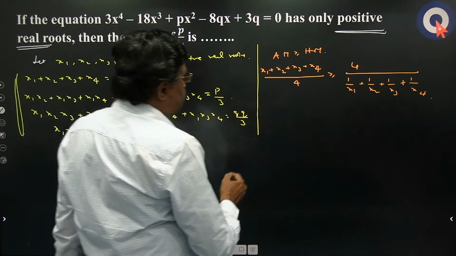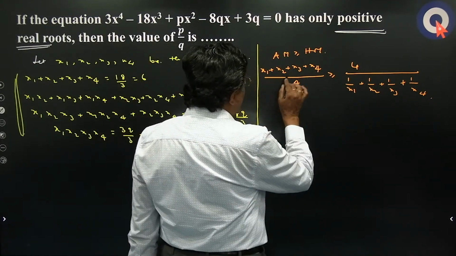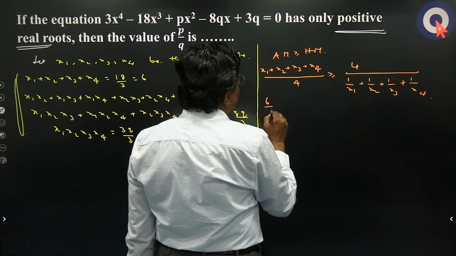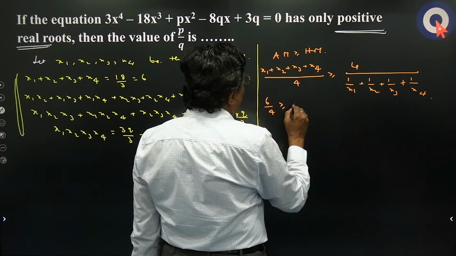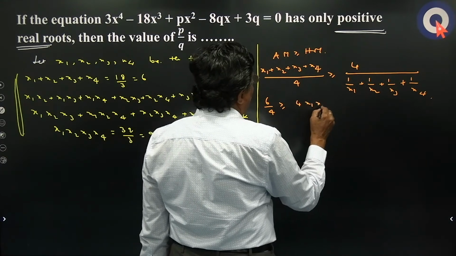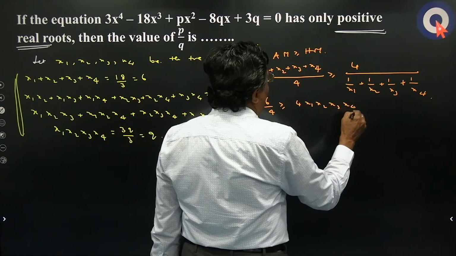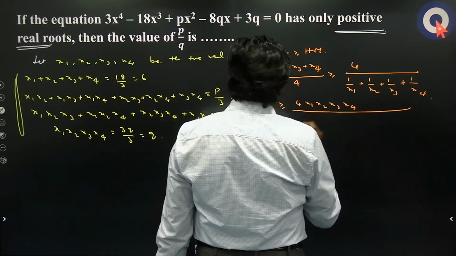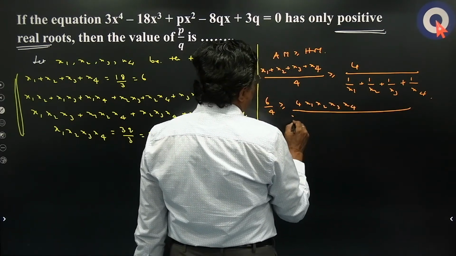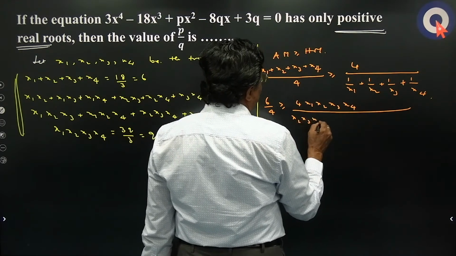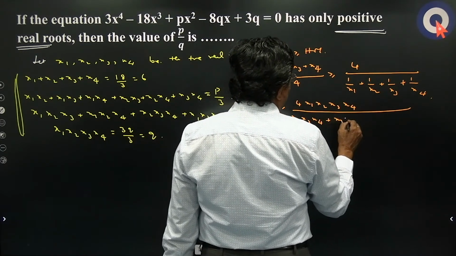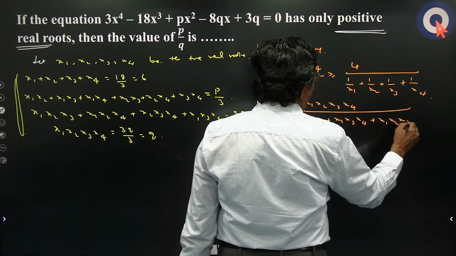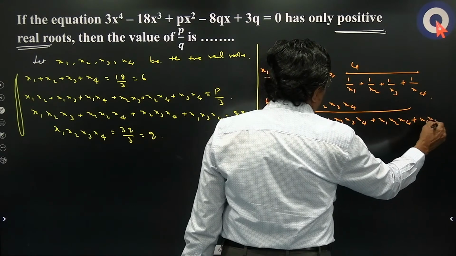So x1 plus x2 plus x3 plus x4 is 6, so 6 by 4 is greater than or equal to 4 x1 x2 x3 x4 by, oh, all right, the q will get cancelled. So this is x2 x3 x4 plus x1 x3 x4 plus x1 x2 x4 plus x1 x2 x3.